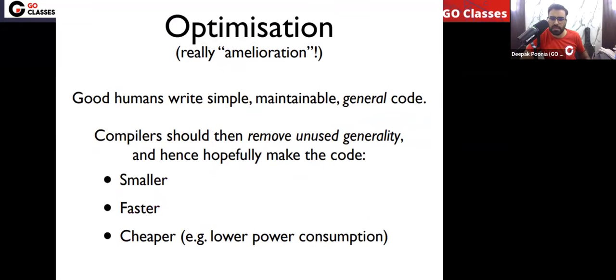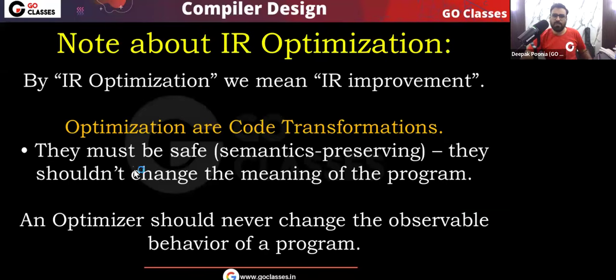Very simple. Now when I say improvement, then definitely there is some transformation involved. Yes or no? We have an intermediate representation that we want to improve, we want to optimize. So when we improve our intermediate representation, we are transforming our intermediate code to some other form. That is what we mean by improvement.